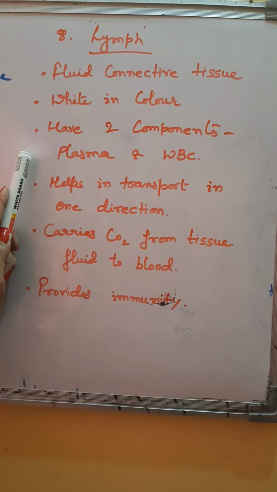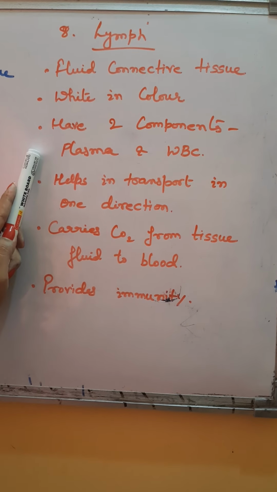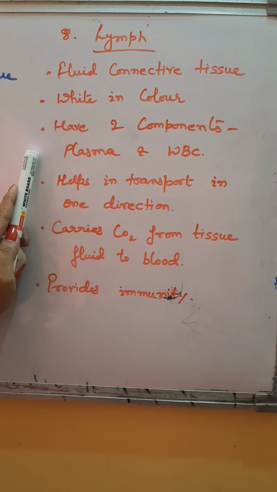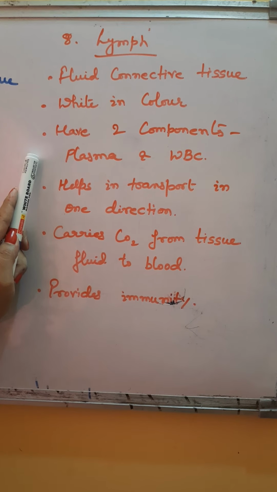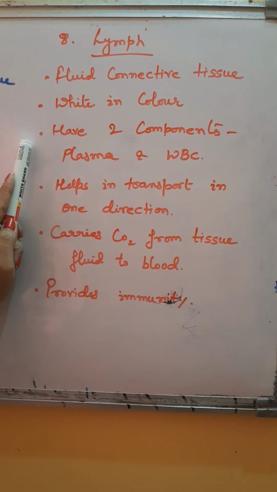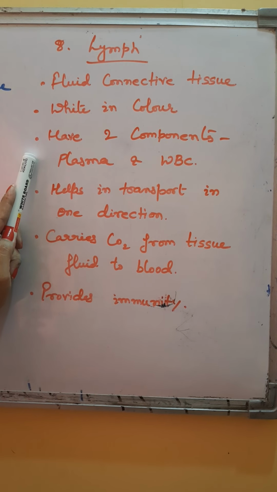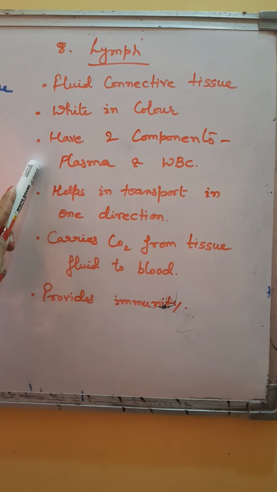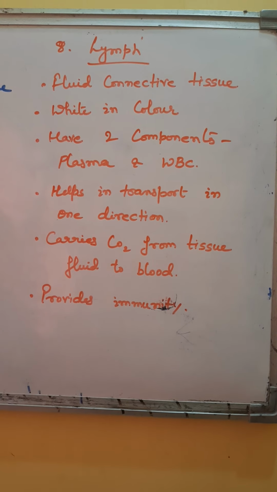Actually, lymph is formed from blood only under high pressure conditions. Blood drains out from the blood capillary; larger particles remain inside the capillary and smaller particles come out. Those smaller particles are plasma and WBC, and in that condition it is called lymph.